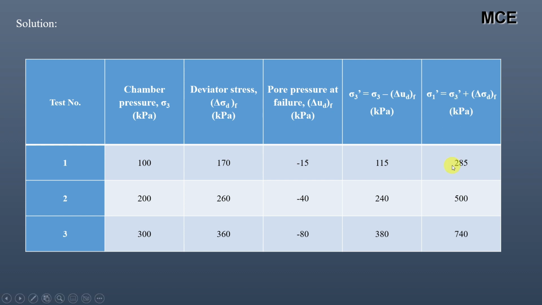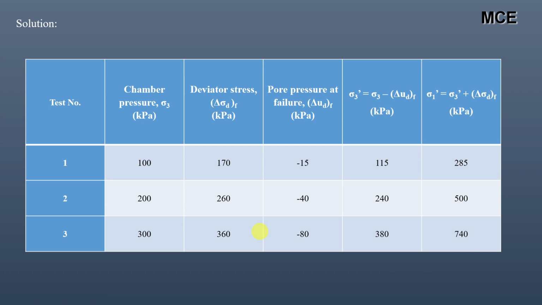So for test first, it will be 115 plus 170, which is 285 kilopascal. For test 2, it will be 240 plus 260, which is 500 kilopascal, and for test 3 it will be 380 plus 360, which is 740 kilopascal.